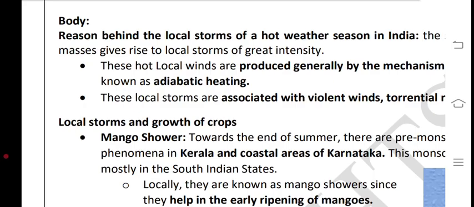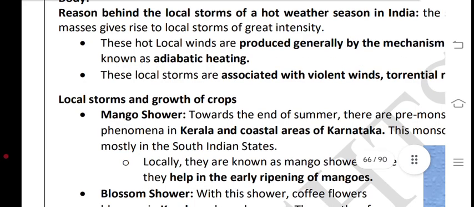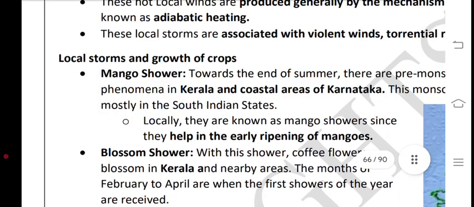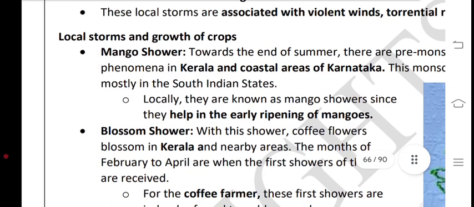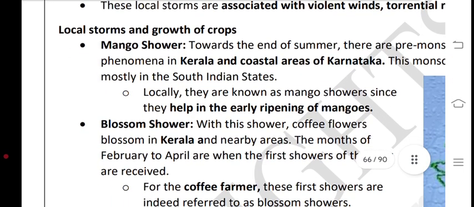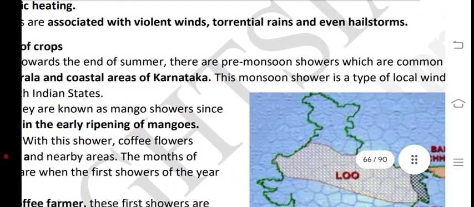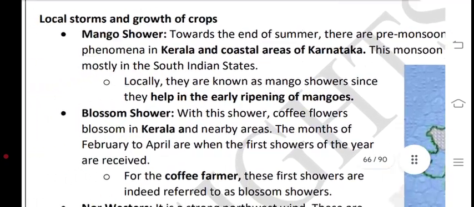Thus, hot local winds are produced generally by the mechanism known as adiabatic heating, and local storms are associated with violent winds, torrential rain and even hailstorms.